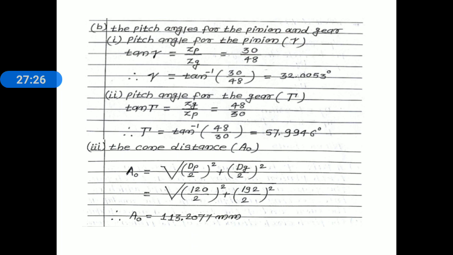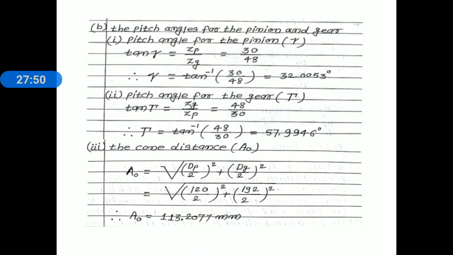Tan lambda is equal to Zg divided by Zp. Zg 48 and Zp 30. We take tan inverse of 48 by 30, and we get a pitch angle for the gear, that is lambda, equal to 57.9946 degrees or 58 degrees.